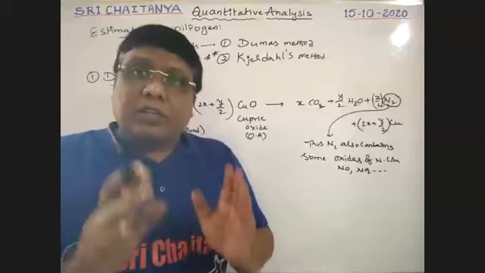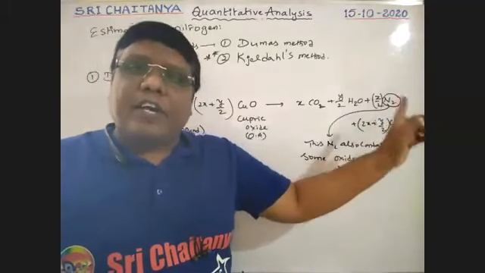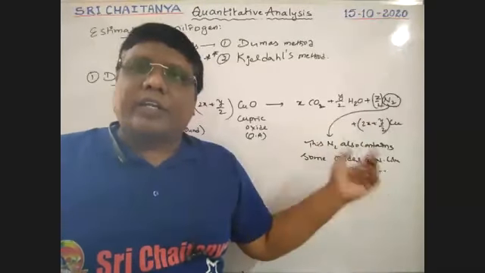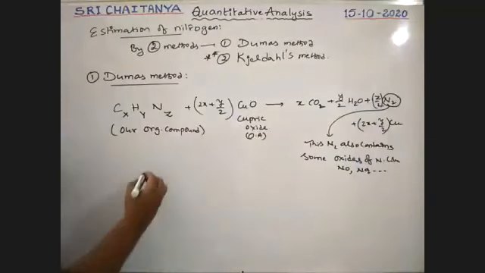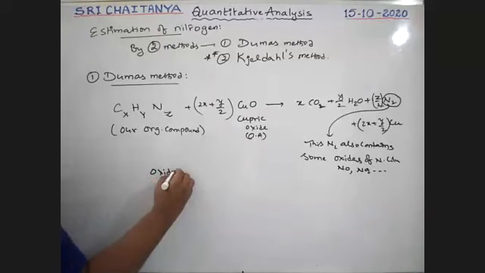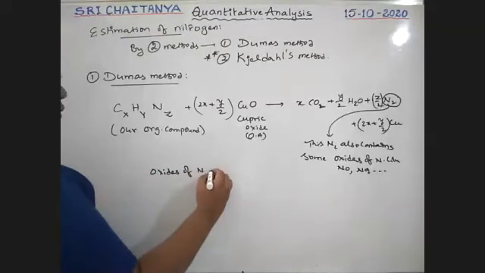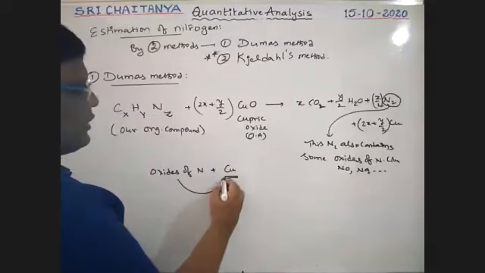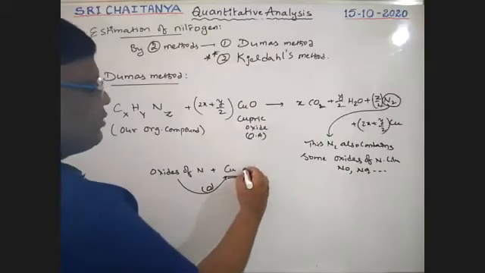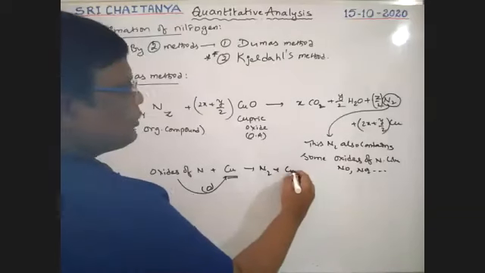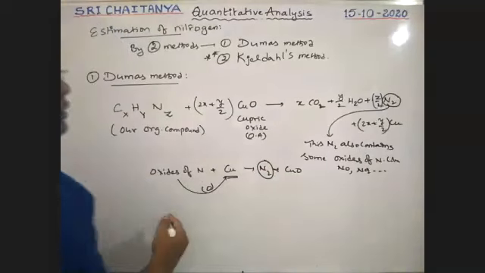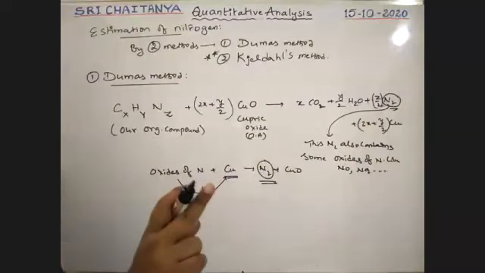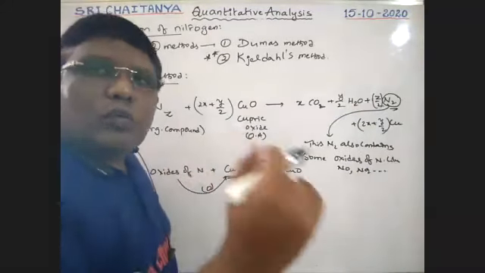So not entire nitrogen here is converted into N2. Now these nitrogen oxides also I am trying to convert into nitrogen gas. So oxides of nitrogen, when treated with copper metal, oxygen is collected, which gives N2 gas plus cupric oxide. So this N2 and this N2 all together make the total volume of N2.